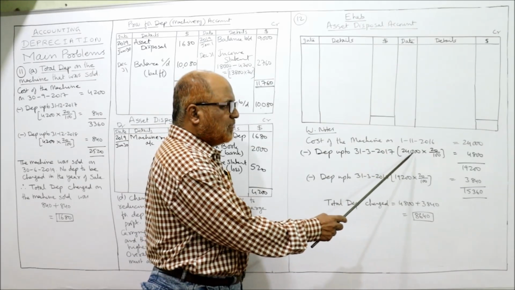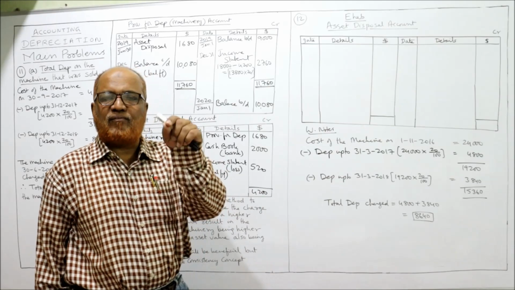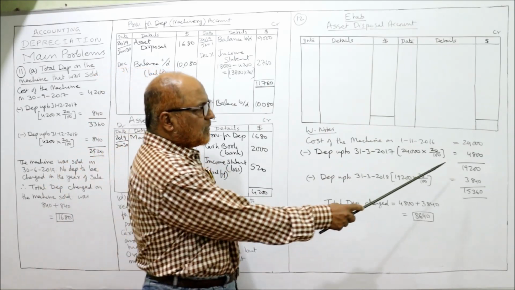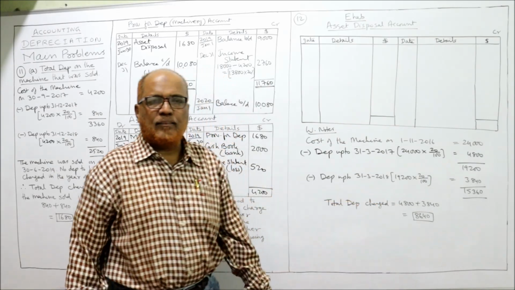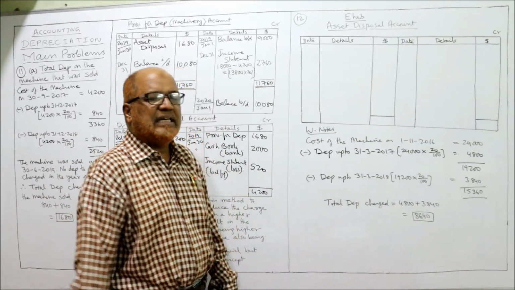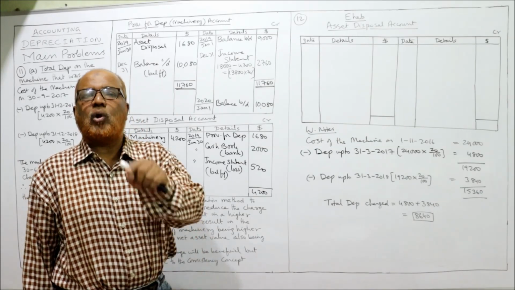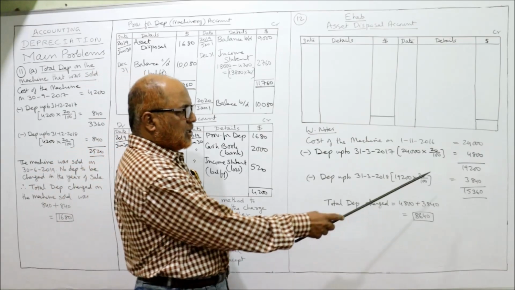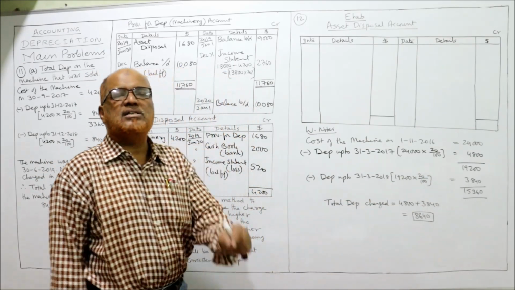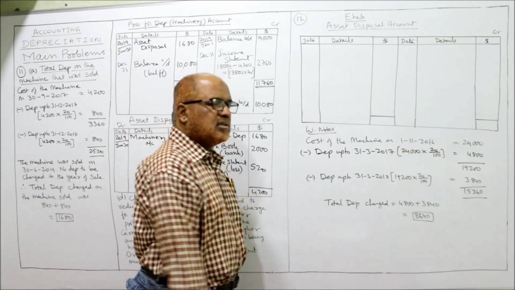Now we calculate 24,000 into 20 by 100, 4,800 is the depreciation for the first year ending 31st March 2017. Now deduct 4,800, 19,200. The second year ends on 31st March 2018. Again 1 year completed. We are following the reducing balance method. So 19,200 into 20 by 100, 3,840 is the depreciation for the second year. Deduct, 15,360.